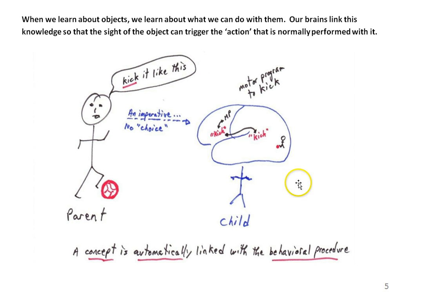In fact, if we want to see this more generally, yes, we can learn what to do with balls. We kick them. But if we think about internalizing social norms, that's another kind of learning, and we can see this through the lens of the mirror system.